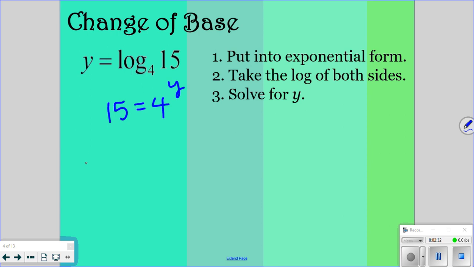And then we're going to take the log of both sides, just like we did in lesson 16, a couple of lessons back. So now that we have a log on both sides, we need to move the y to the front.